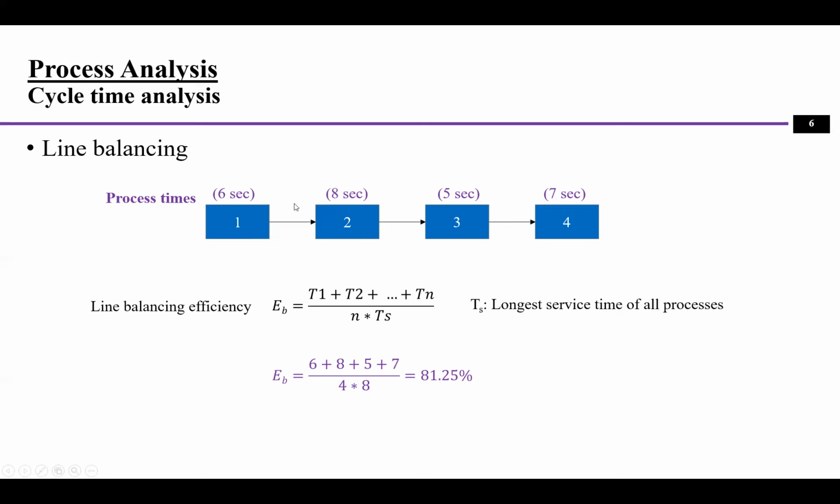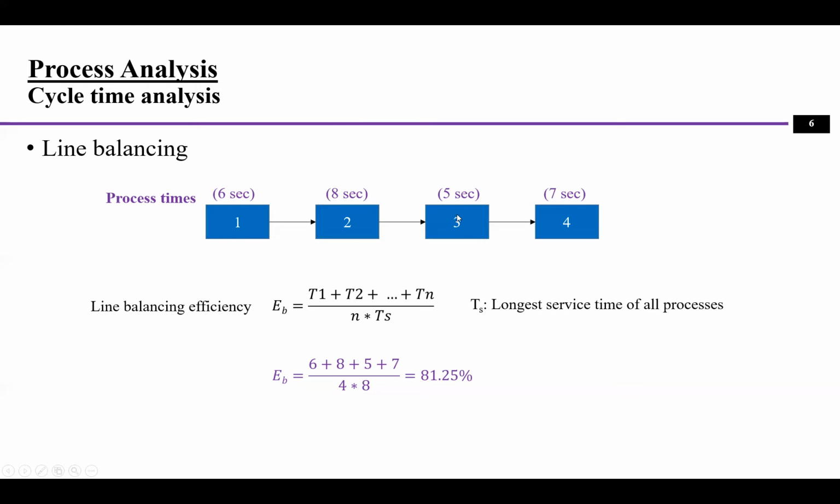And as time keeps going on, the waiting parts will keep piling up. For step 3, step 2 takes about 8 seconds, while step 3 only takes about 5 seconds. So every time step 3 starts to work on a part, it's done in only 5 seconds.